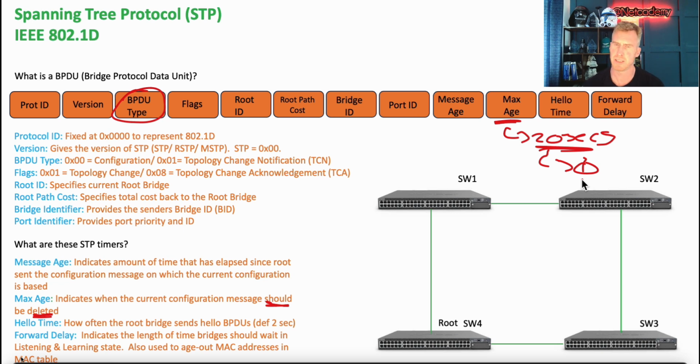I.e. what is the maximum age I can hang on to this configuration before I declare a topology change notification. And coming back to this message age, the further away you get to this root bridge, the lower trustworthiness this will be. So again, the message age will be 20 minus the certain hops away. So SW2 was 2 hops away, and the message age would be 18 seconds.